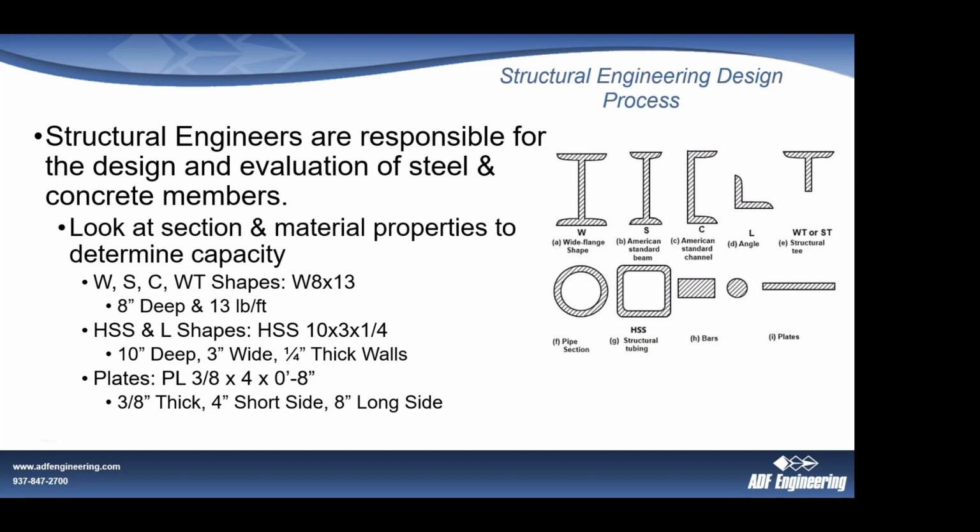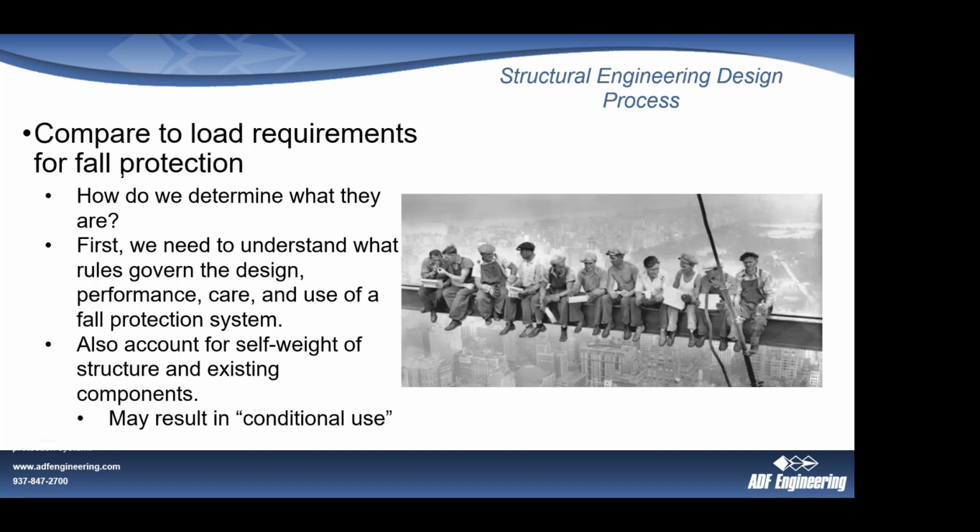So we take those sections, evaluate them based on what kind of material they are, what their capacities are, how long they are, and what strength we can get from them, and we compare those to load requirements. In this case, we'd be comparing that to the loads required for fall protection, right? So how do we determine what those are? Well, first we need to understand what the rules are that govern the design, care, and use of a fall protection system. So we'll go into that.